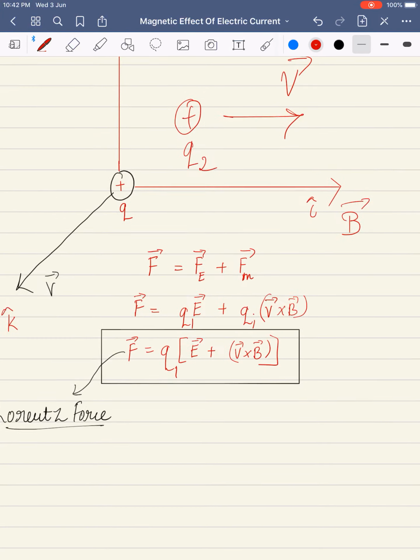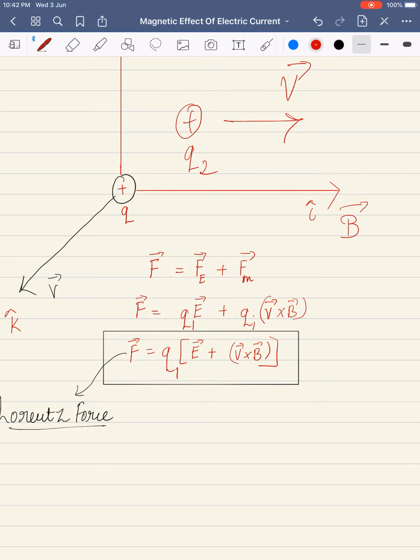Now when you say velocity vector cross B vector, velocity is along x-axis and magnetic field is also along x-axis. So here I cross I, what is I cross I? I cross I will be 0. Why? Because of sine 0. Both the vectors are parallel to each other, so the angle between them is 0 degrees.